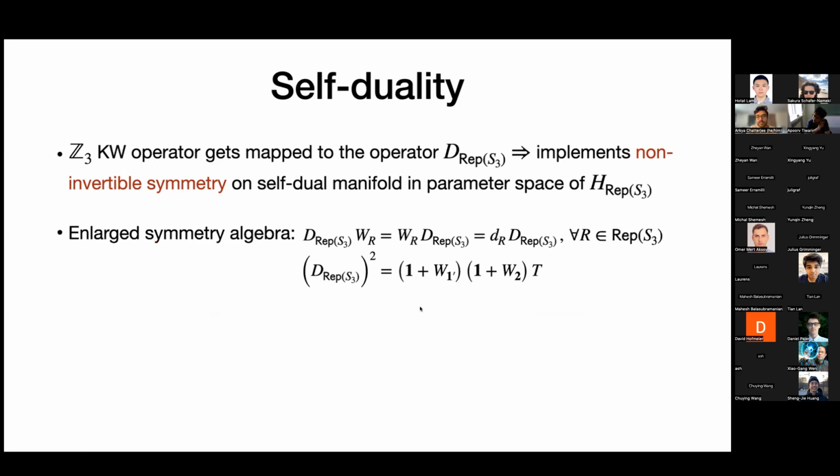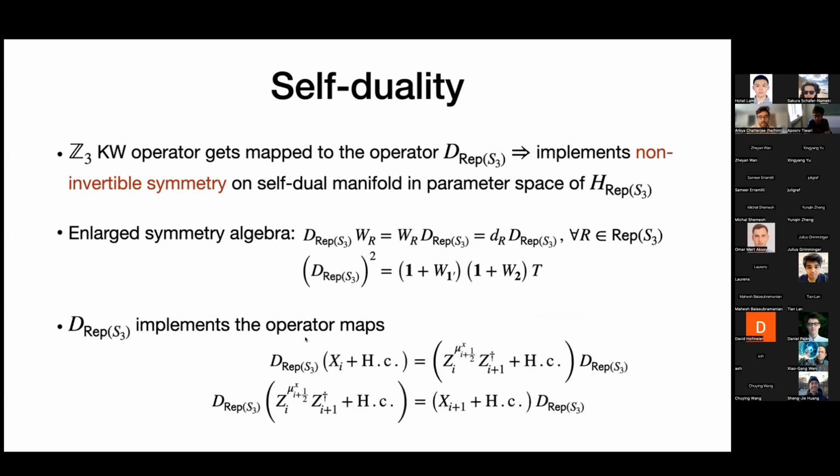And it has this symmetry algebra, which is very similar to the one that we already had for Z3. And it implements these operator maps. So it maps the terms of the Hamiltonian back to itself, just like a Kramers-Wannier duality would do.